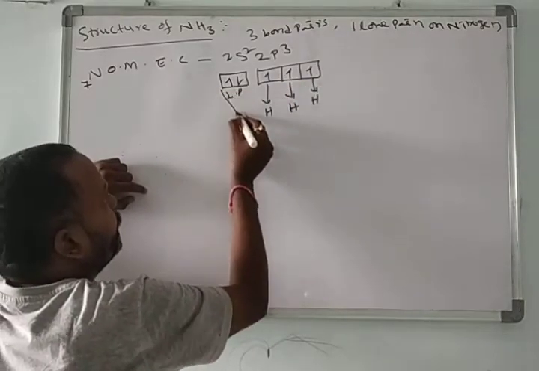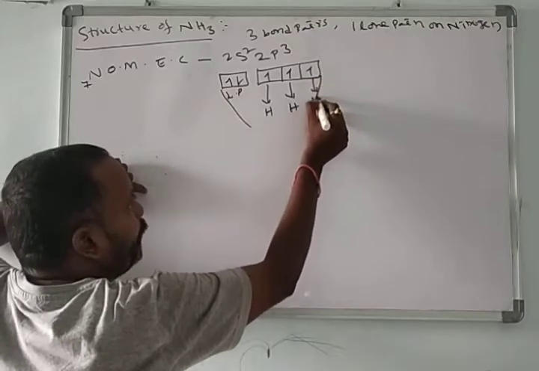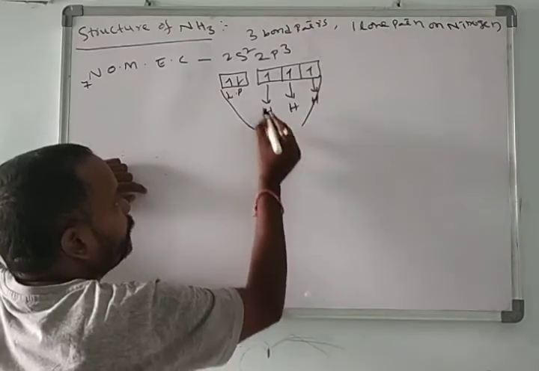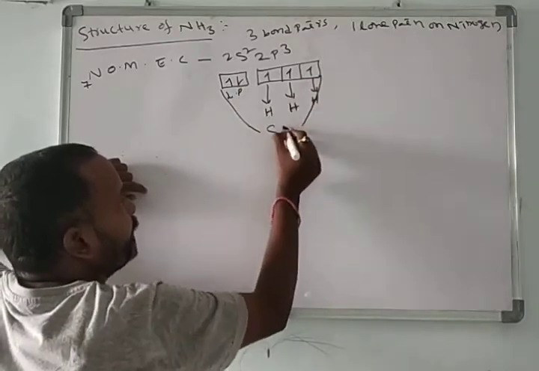Okay, in the formation of ammonia, how many orbitals are involved? 1 s orbital and 3 p orbitals.